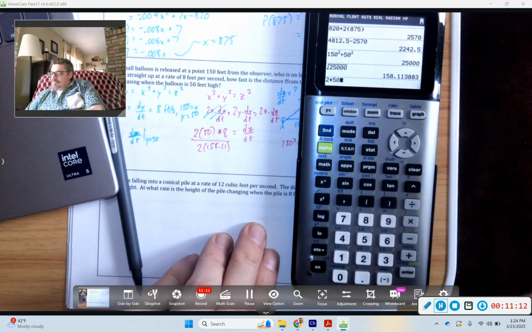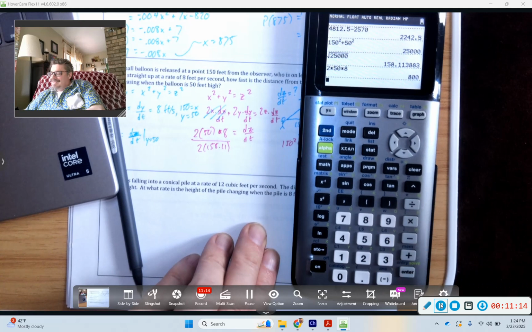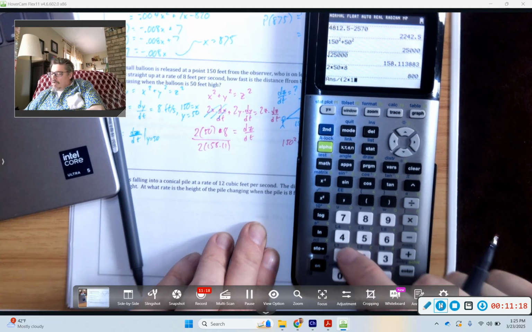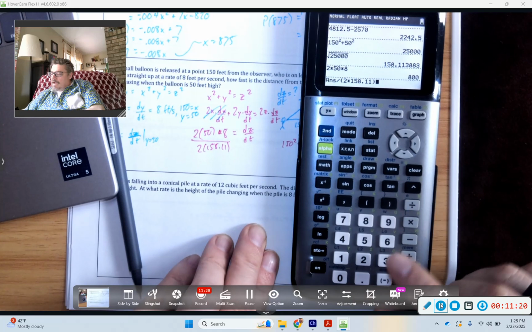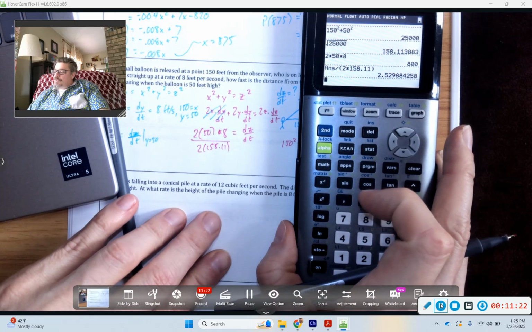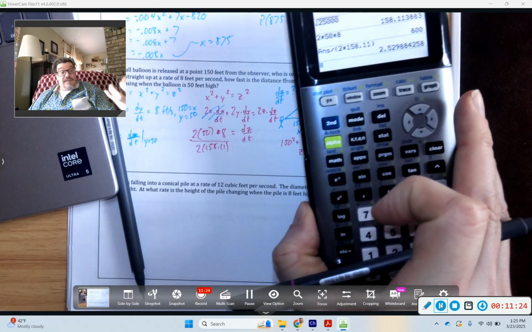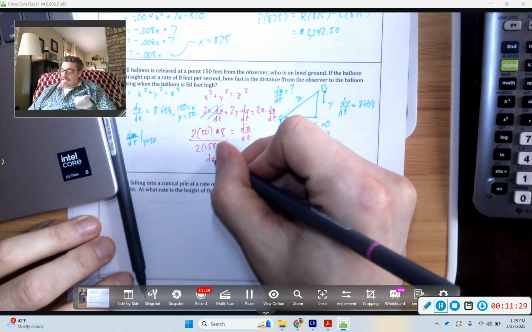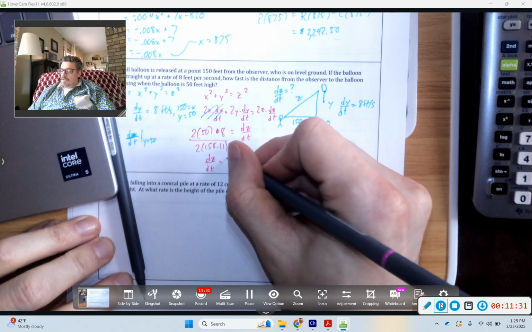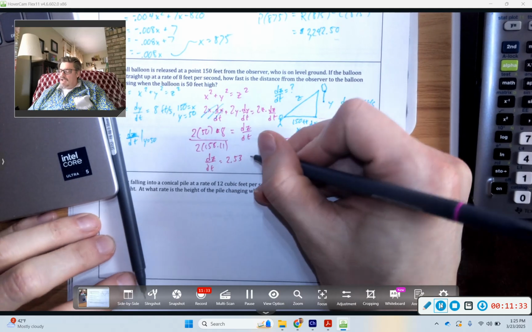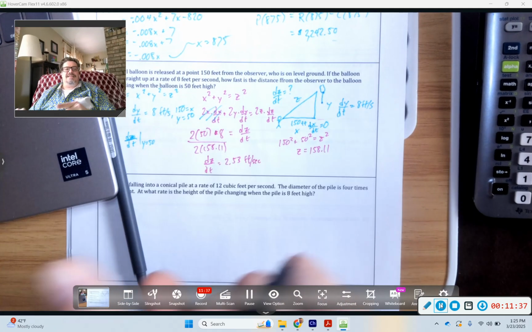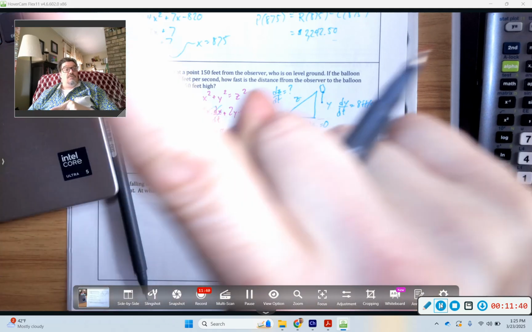To me, I'm always amazed by the power of calculus and our ability to figure out these moving pieces. So dz/dt is 2.53, and that kind of gels with me because that's going to be feet per second, which means that distance is just getting bigger.